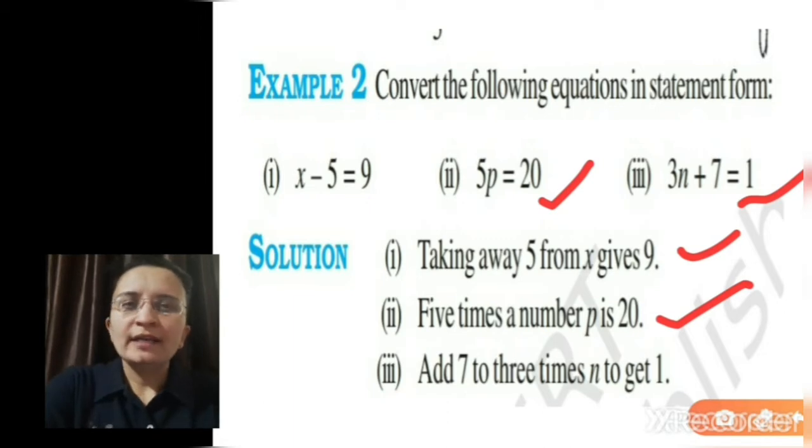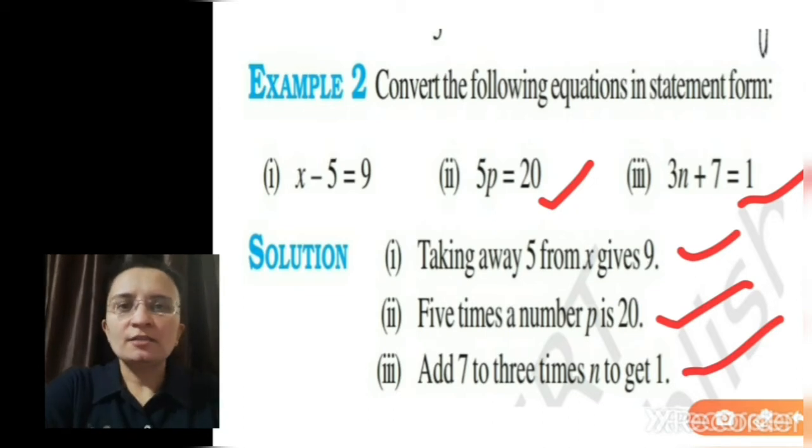You can write multiply a number with 3 or 3 times a number added to 7 gives 1. Or you can write add 7 to 3 times n to get 1. In this way you can convert equation into statement forms.